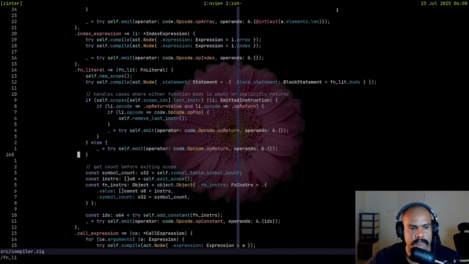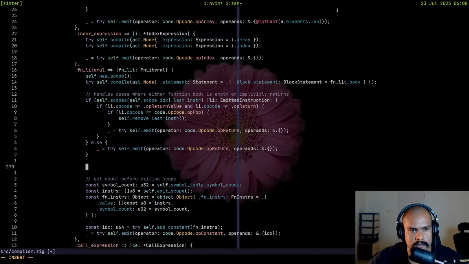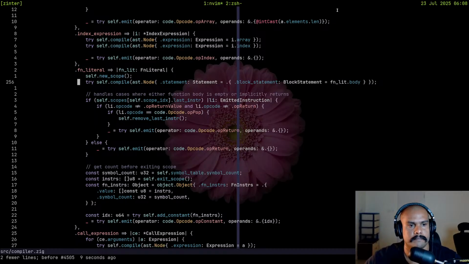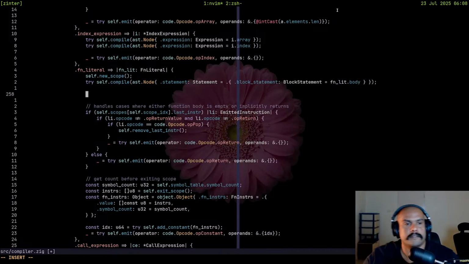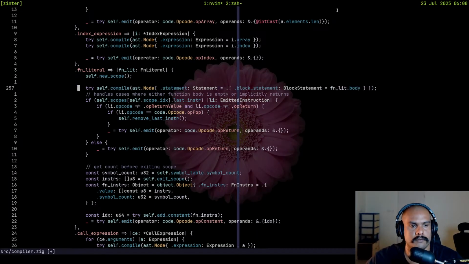Guess it should be before it exits the scope. Oh no, yeah. Maybe even before the block statement.